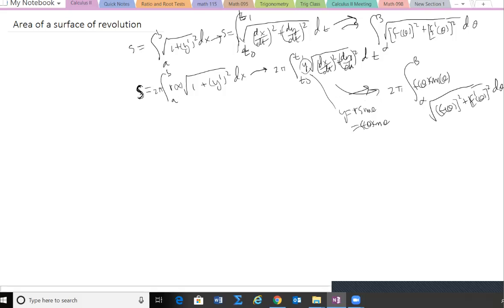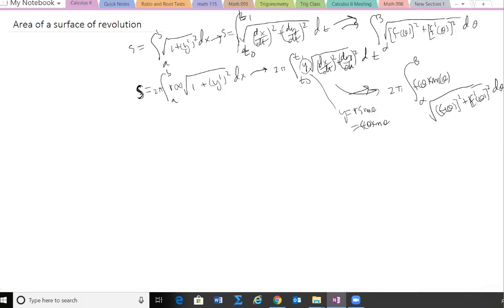But you see a nice similarity between the formulas as you go from one form to another, parametric form, and then to the polar form. Okay, it's a nice movement from one to the other.